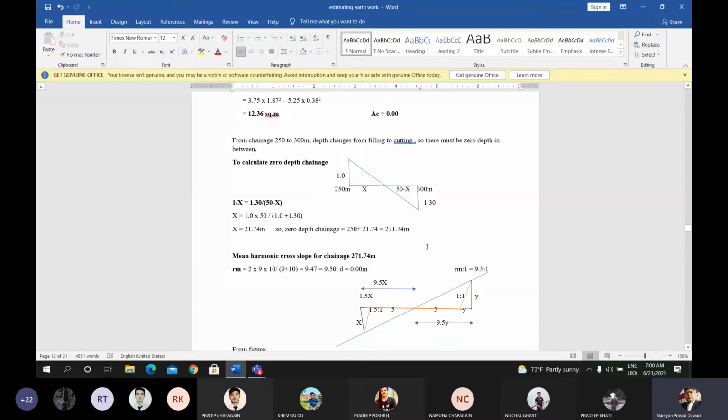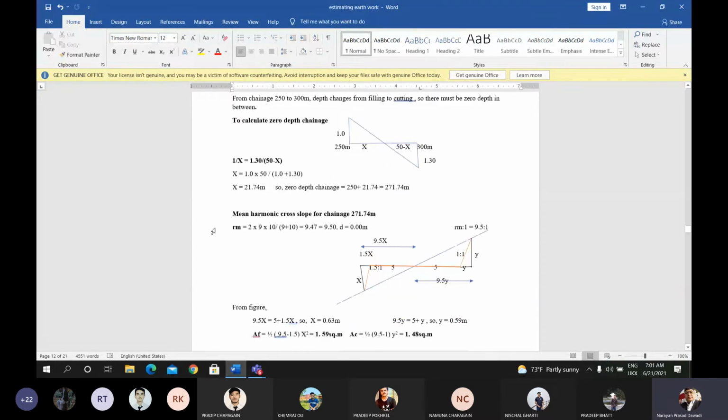After knowing this chainage, we need the mean harmonic cross slope here. The mean harmonic cross slope will be Rm. Rm is equal to 2 times 9 into 10 divided by 9 plus 10, because for this section R1 is equal to 9.